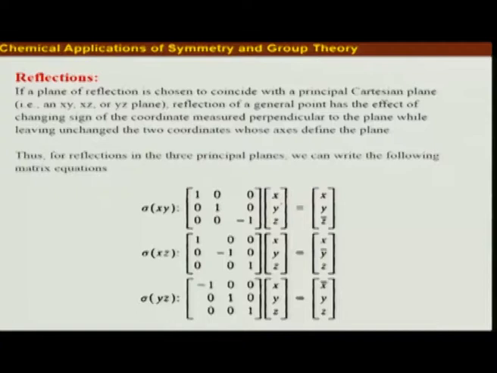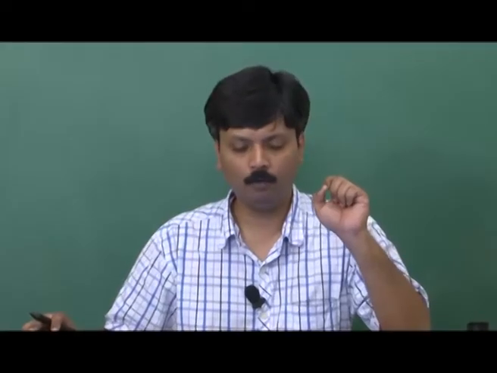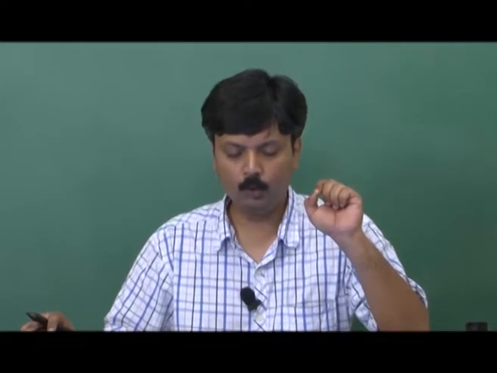Since x and y are remaining unchanged after this reflection operation, I will have the elements as 1 in the diagonal for say the element 1 1 and element 2 2.